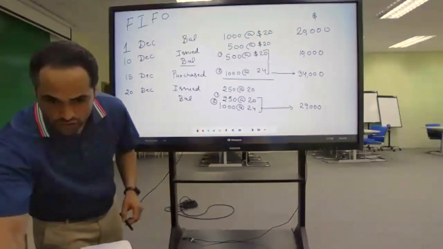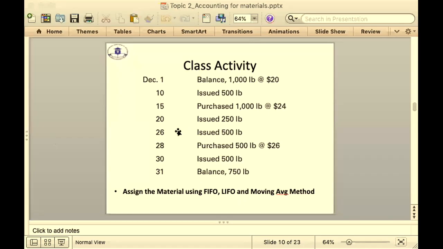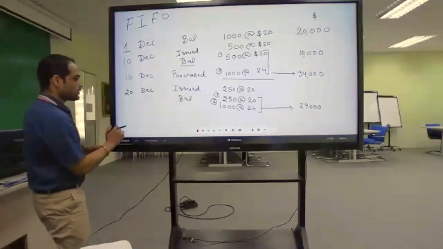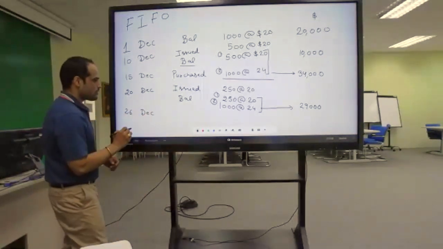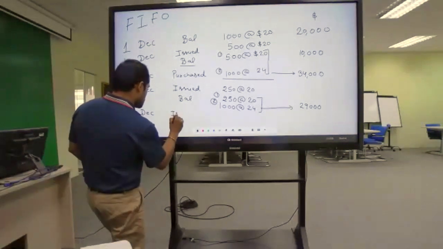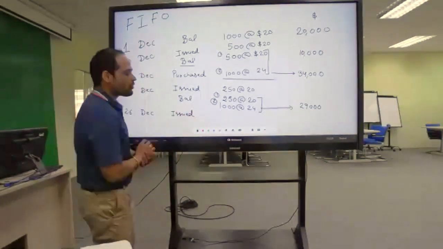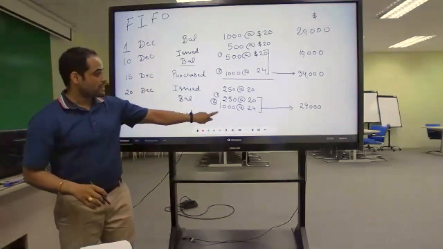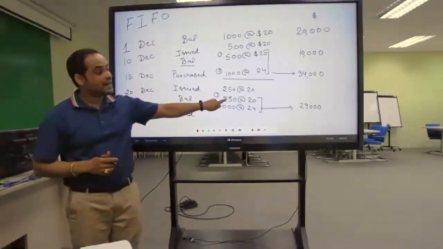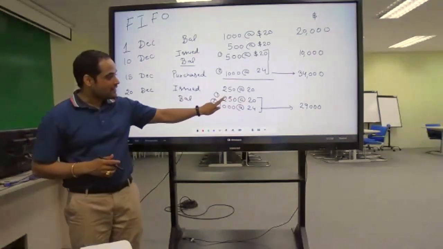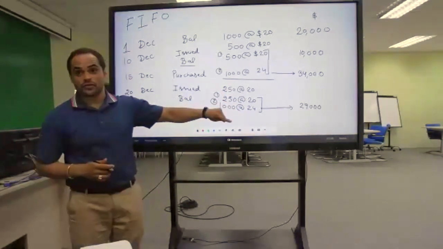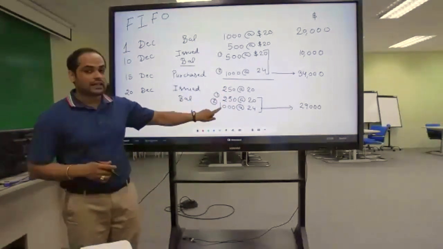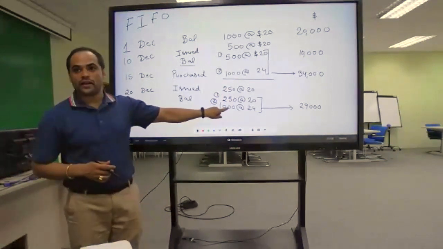So let me share my screen again. On 26th of December, we issued material out, 500. 500 means we use 250 first at this price and 250 at this price, because first in, first out. We use this one first and then we use this 1,000.